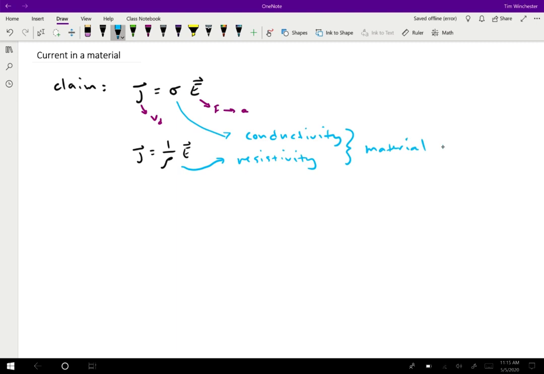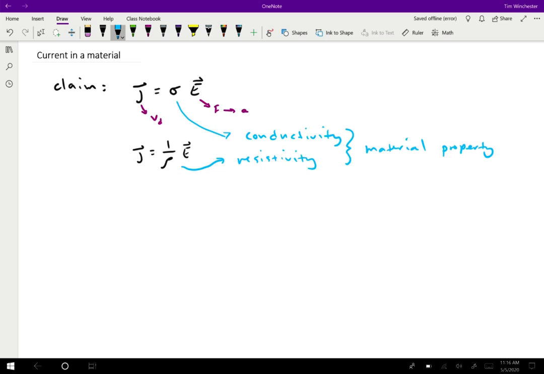So you could look up on Wikipedia or some chemistry websites or what have you, what is the conductivity for copper? What is the resistivity for bismuth? What is the resistivity for aluminum? Those are things that you can just look up and find a value for those.